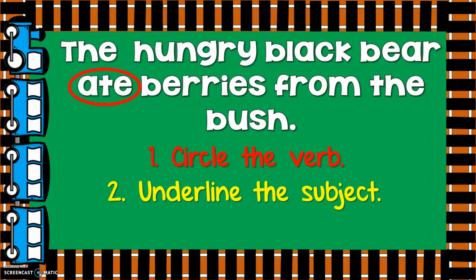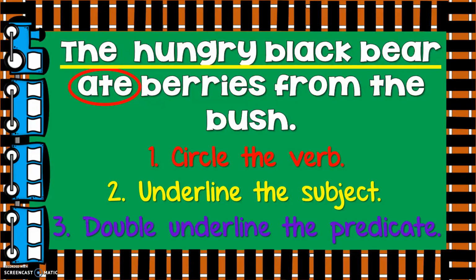All the words that go along with describing bear, which is called the complete subject. So it'd be the hungry black bear. That's called a complete subject. A simple subject would be just the word bear. Next thing we're going to do is double underline our predicate. And again, we're doing the complete predicate, not just the simple predicate. So underline every part of the predicate. If you underlined ate berries from the bush, you are correct.